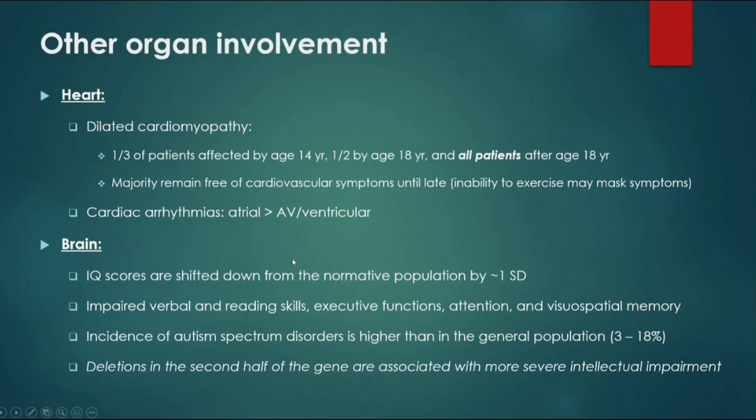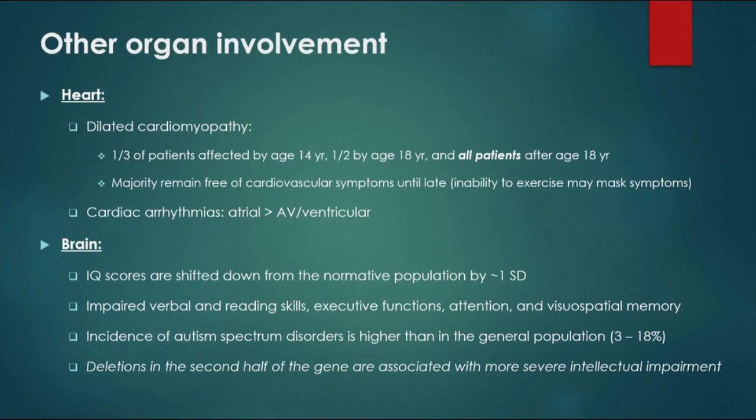Dystrophin is also present in the brain, so it can lead to various manifestations, like IQ scores are usually lower than the normal population. They may have verbal and reading difficulties. It's interesting to note that some of the patients can present only with speech delay or cognitive delay.